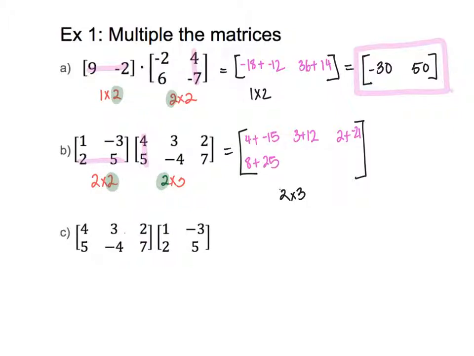Next, I'm going to now need to multiply by the next column. So that's going to be, let's see, 2 times 3, which is 6, plus 5 times negative 4, which is negative 20.